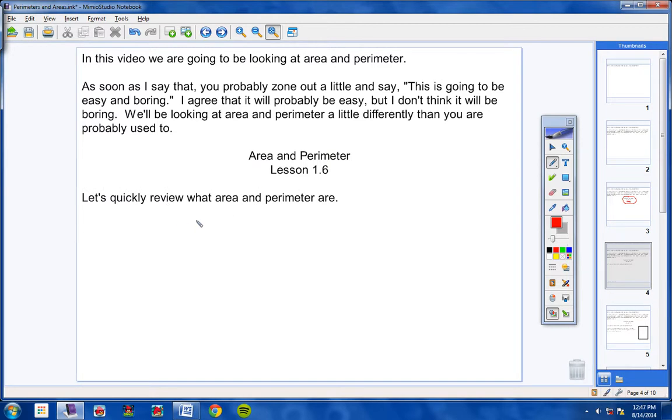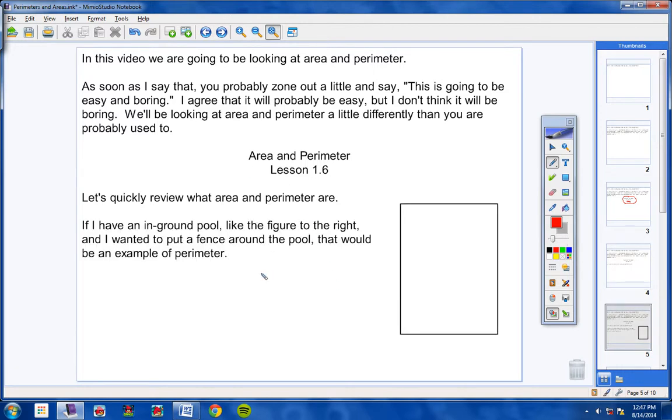Let's quickly review what area and perimeter are. Now this is pretty easy, so I'm not going to make you take notes on this. You're welcome to if you want to, but you don't have to. If I have an in-ground pool like the figure to the right, and I want to put up a fence around the pool, that would be an example of perimeter.